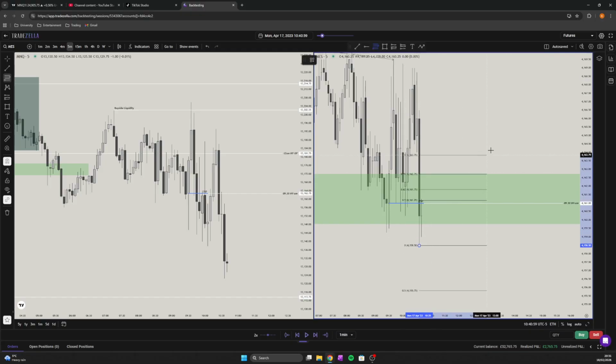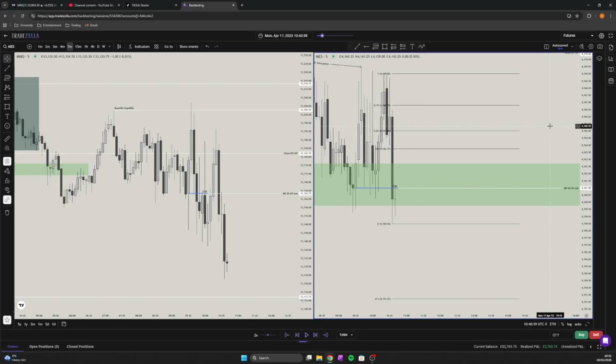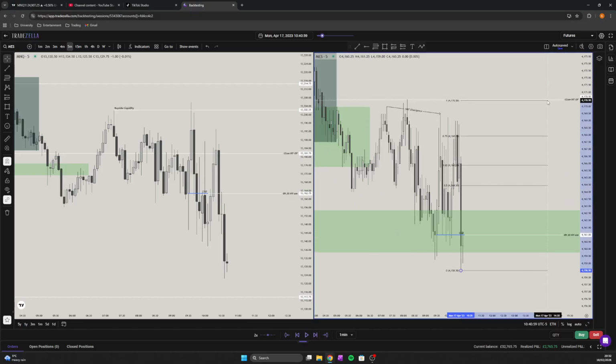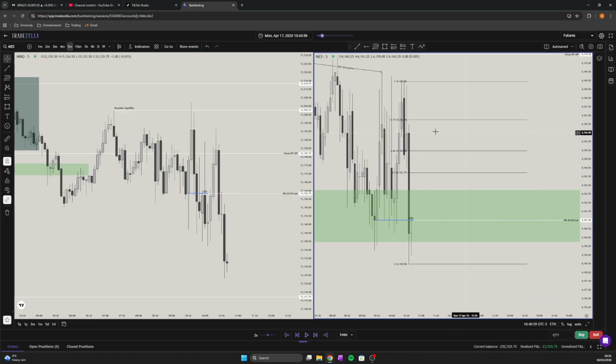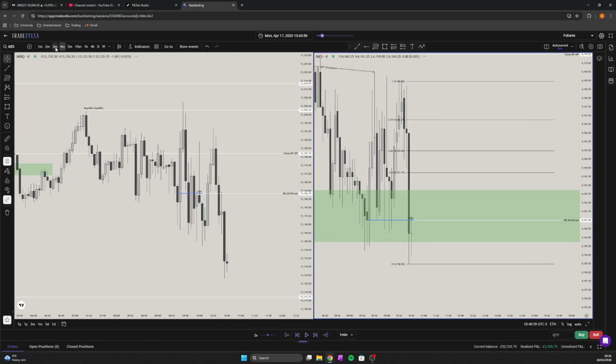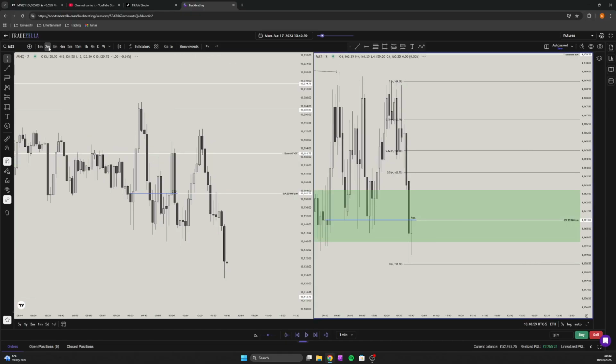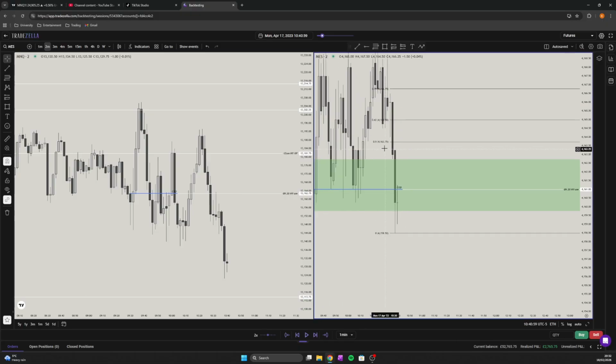Now let's actually draw our fib from here to here. Okay. Do we want to place it there? No. Okay. So let's go into the lower time frames. Don't tell me this is all just more massive wick.